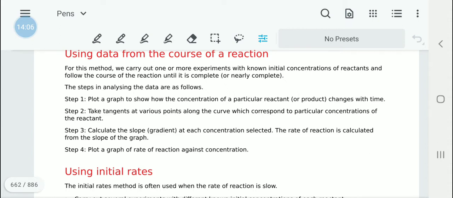If we take data from the course of a reaction, we follow through the experiment until it is complete or close to completion.